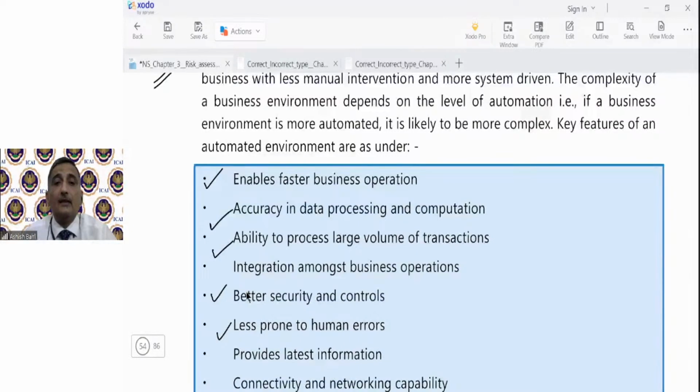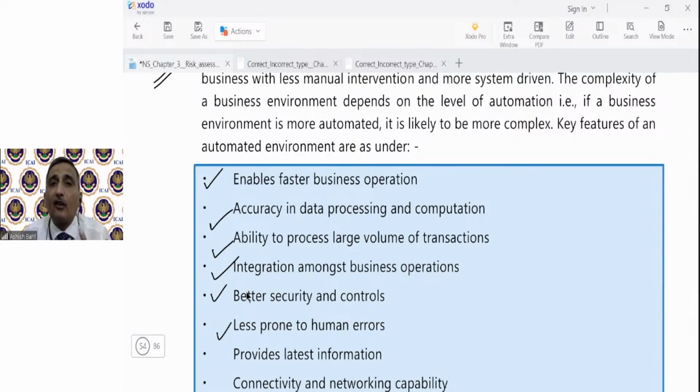Okay. So integration among business operations. It also leads to integration, a connection between all the areas of operation, between all the departments.